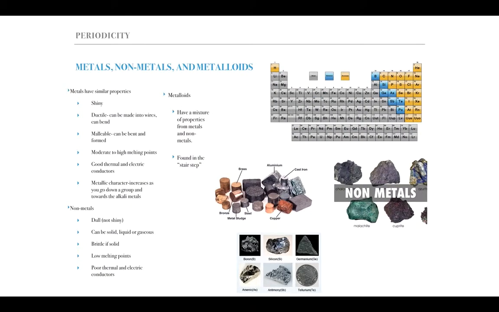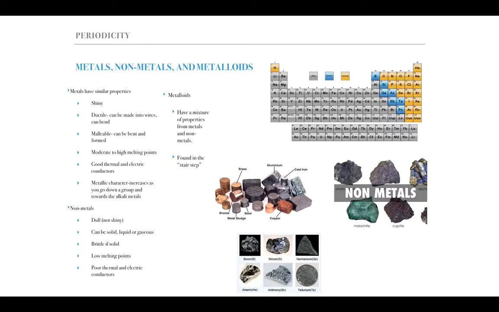When they were creating the periodic table, they placed elements in similar groups. Right now we are going in depth with three groups that are metals, nonmetals, and metalloids. Lithium is the metal we chose, and metals have similar properties such as shiny, ductile, malleable, moderate to high melting points, good thermal and electric conductors, and metallic characteristics.